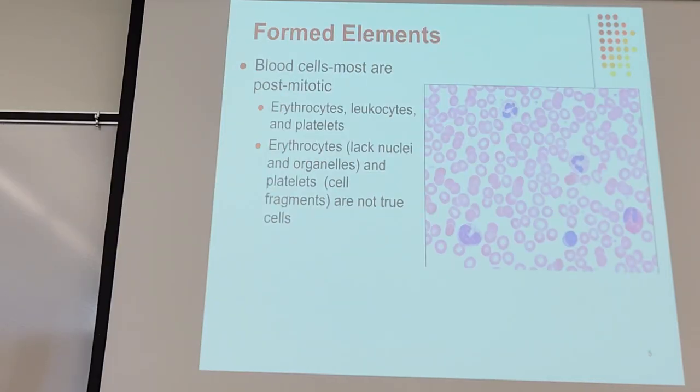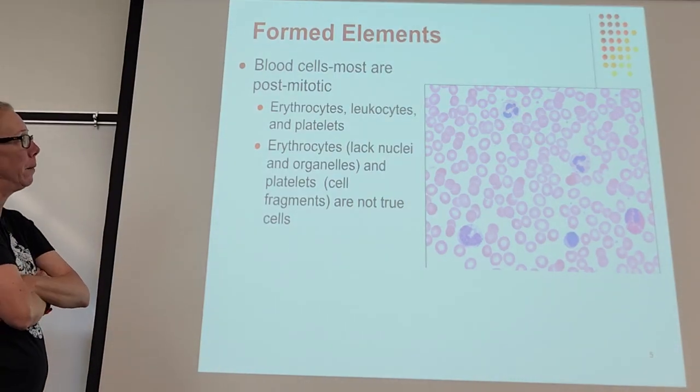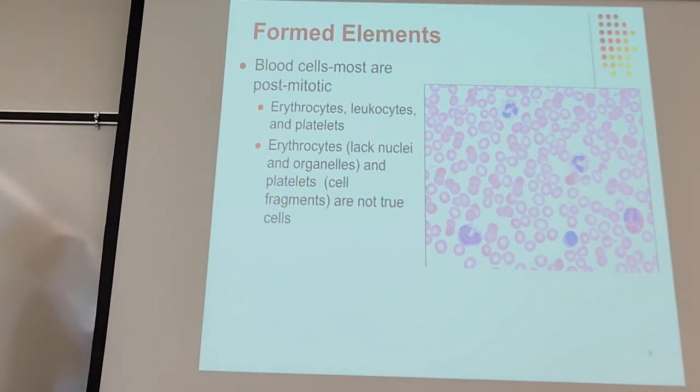Okay, so when we talk about blood, we use the term formed elements because most blood cells are not true cells in that they can't all undergo mitosis. Okay, so most of them are post-mitotic, all right? Especially erythrocytes and platelets.